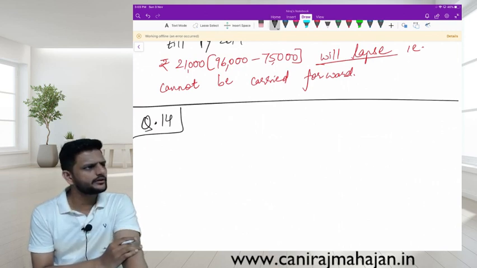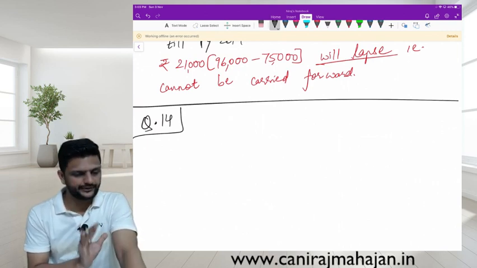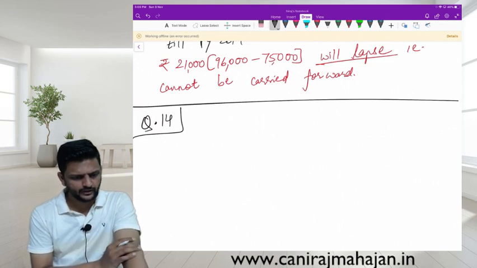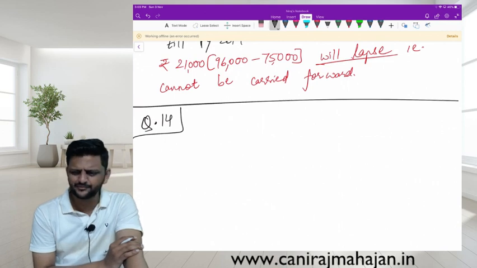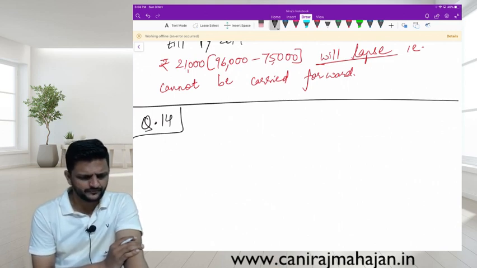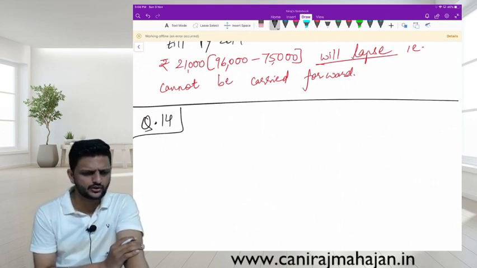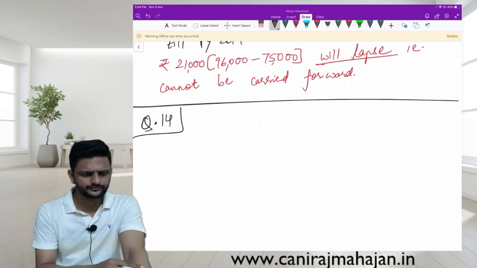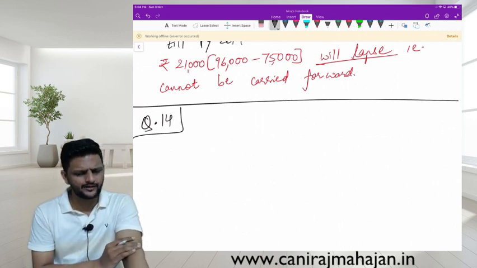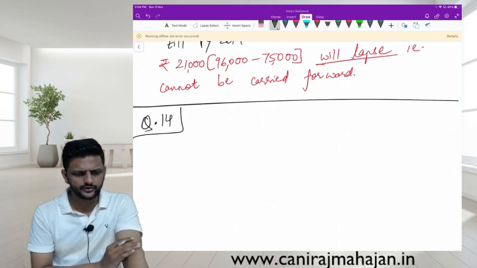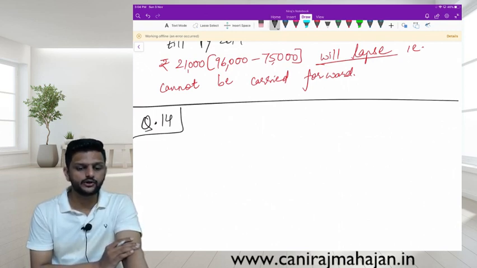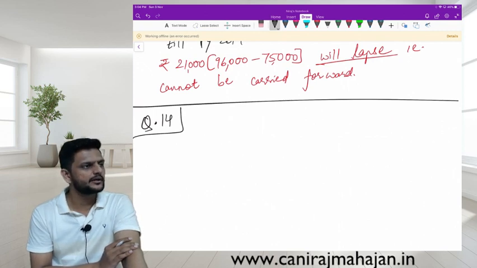Short term capital loss. Long term capital gain. Dividend income. Income from lottery winnings gross, that means without TDS. Winnings from card games. Agricultural income. LTCG from shares. STT paid. Which section?